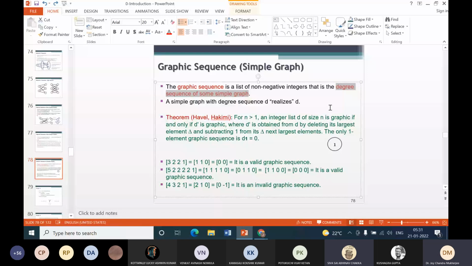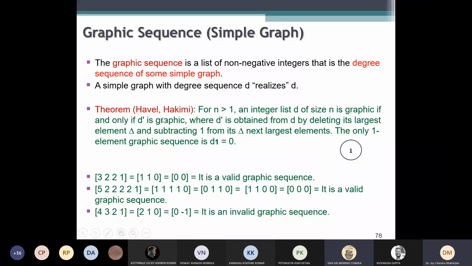Now we will prove the Havel and Hakimi theorem. Havel and Hakimi proposed a characterization. What they told is that for n greater than 1, an integer list d of size n is graphic if and only if d prime is graphic.